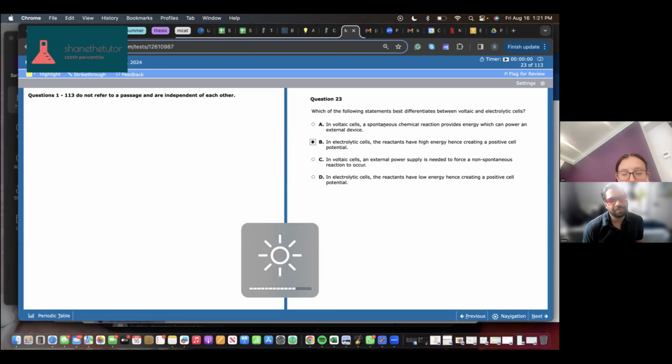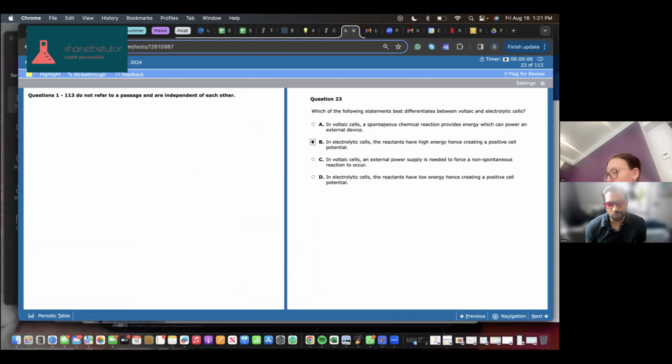So I guess they're using some weird wording here. When they say high energy, low energy, this is just not worded properly, but I think what they mean is high reduction potential. So think of it that way. So would an electrolytic have a low reduction potential?